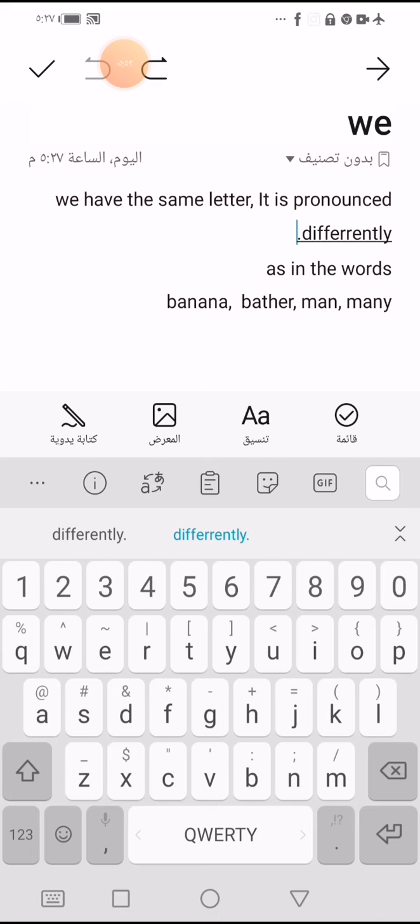So we have the same letter. The letter a is pronounced differently. Imagine that these are the sufferings that you are going through, including myself, of course.